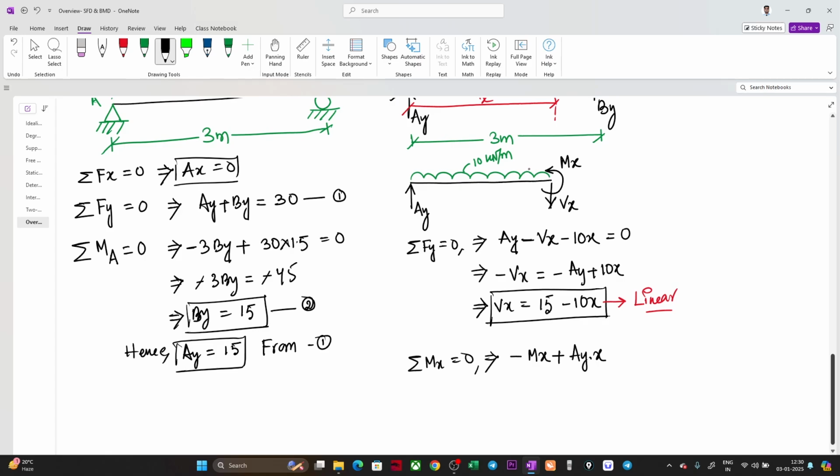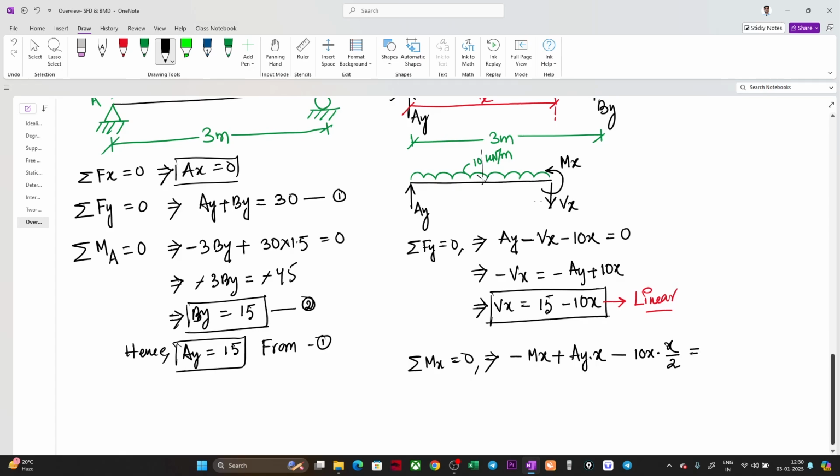So this load is spanning over a length of x. So the load is 10x, and where will it be acting? At the center of this span, so it is x by 2. And what is the sign convention? The moment developed will be anti-clockwise, so it will be negative.